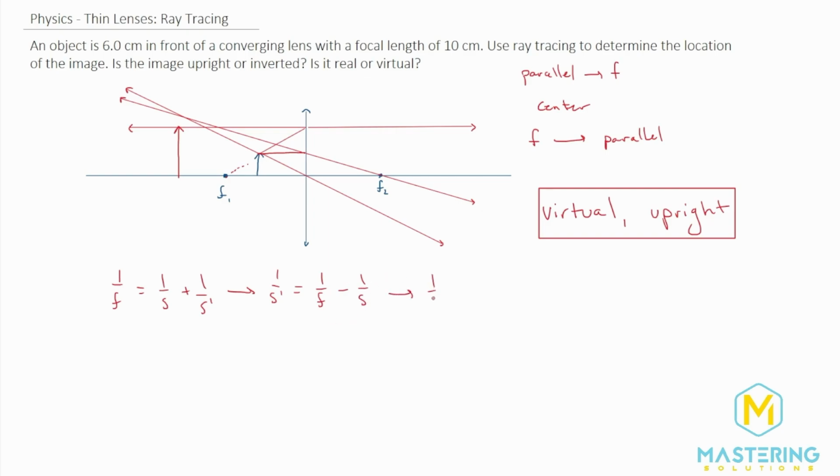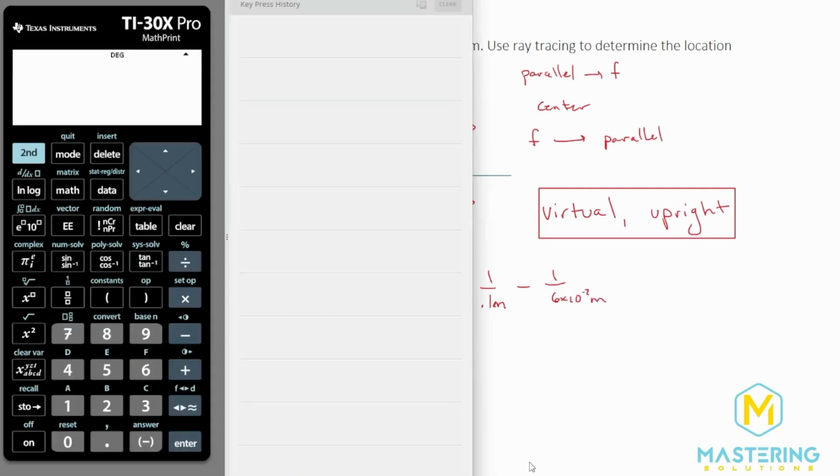And so when we plug in our numbers, 1 over the image distance is equal to 1 over the focal point, which we said was 10 centimeters or 0.1 meters, minus 1 over the object distance, which is 6 centimeters. So we could say 6 times 10 to the negative 2 meters. And so when we calculate that, we get 1 divided by 0.1.